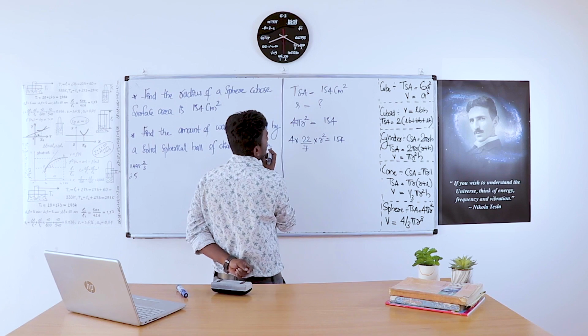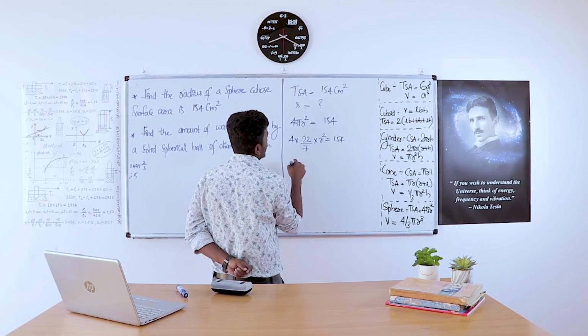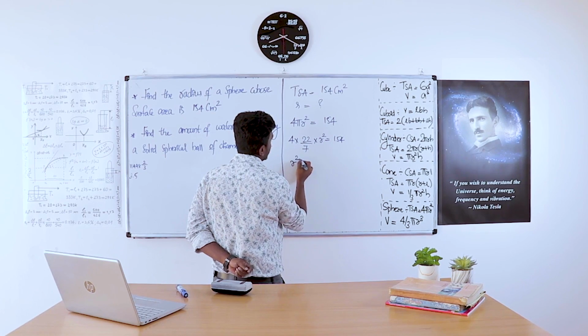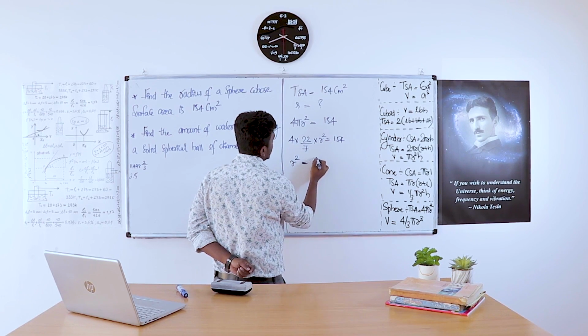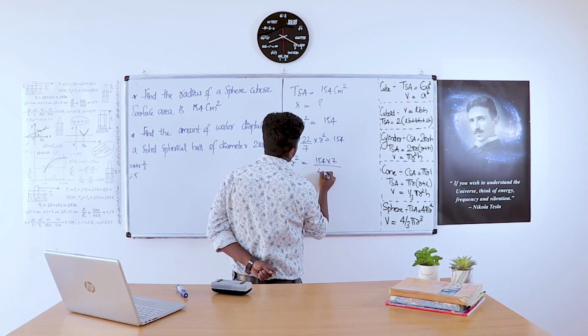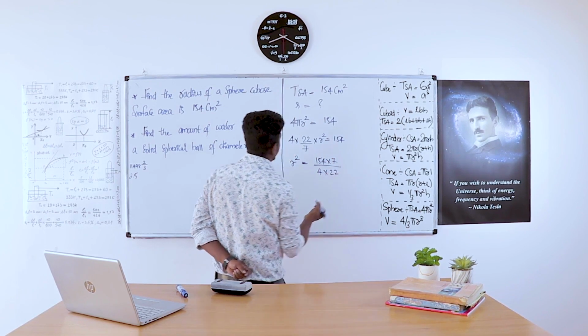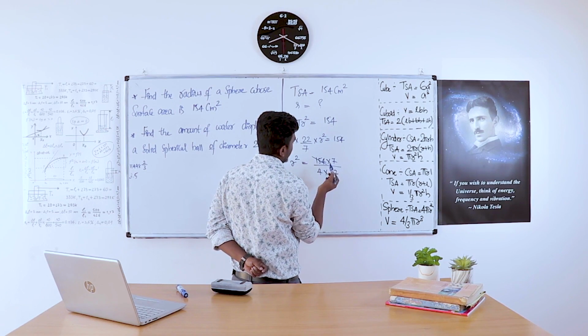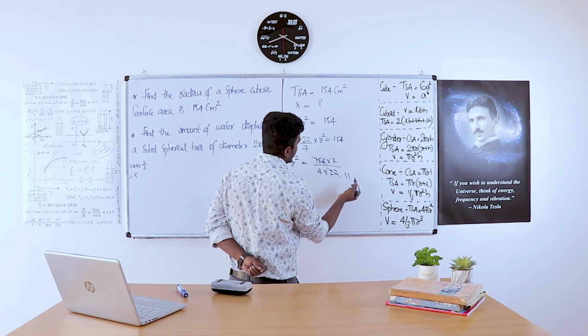We need to find r square, then we can find r. So I am cross multiplying this 7 to the right side, then r square is equal to 154 into 7 divided by 4 into 22. Then we can cancel this 154 and 22. It becomes 11.